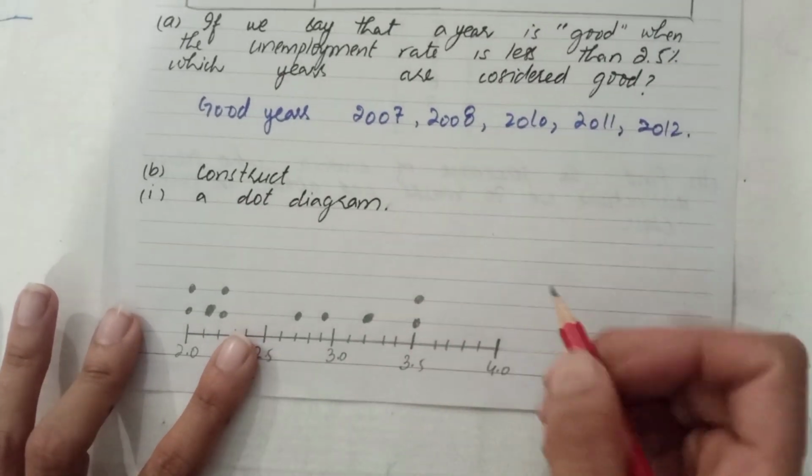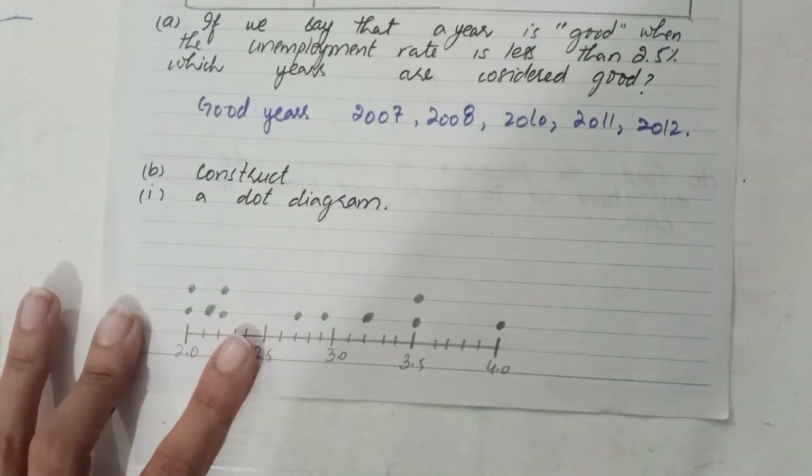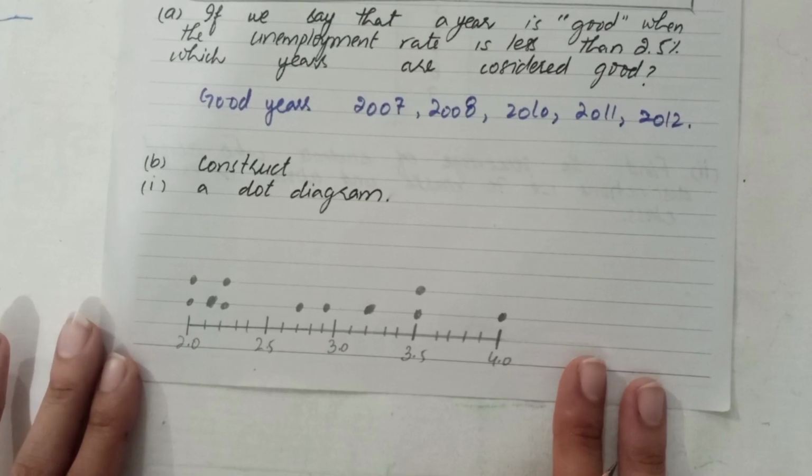Now 4.0, that is one time. Now students, this is the dot diagram we constructed.